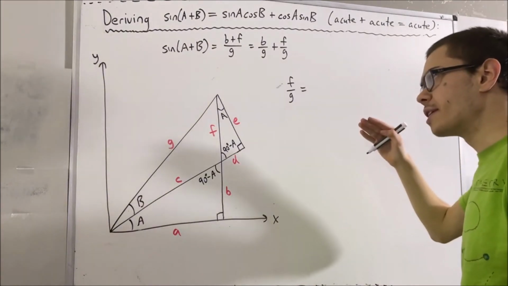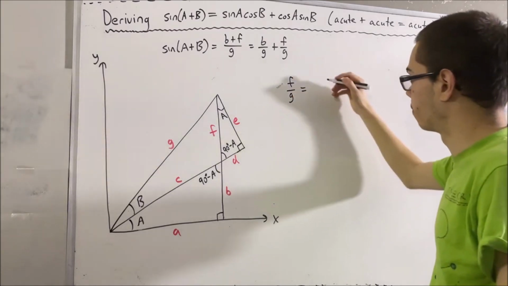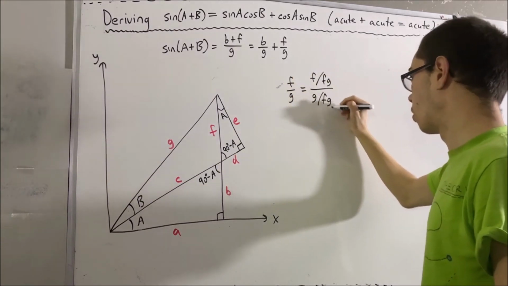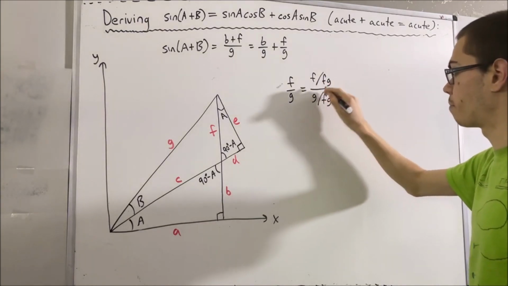But what I'm going to do is I'm going to divide both the numerator and denominator by FG. Right? That's perfectly legal. I'm just dividing both the numerator and denominator by the same number.